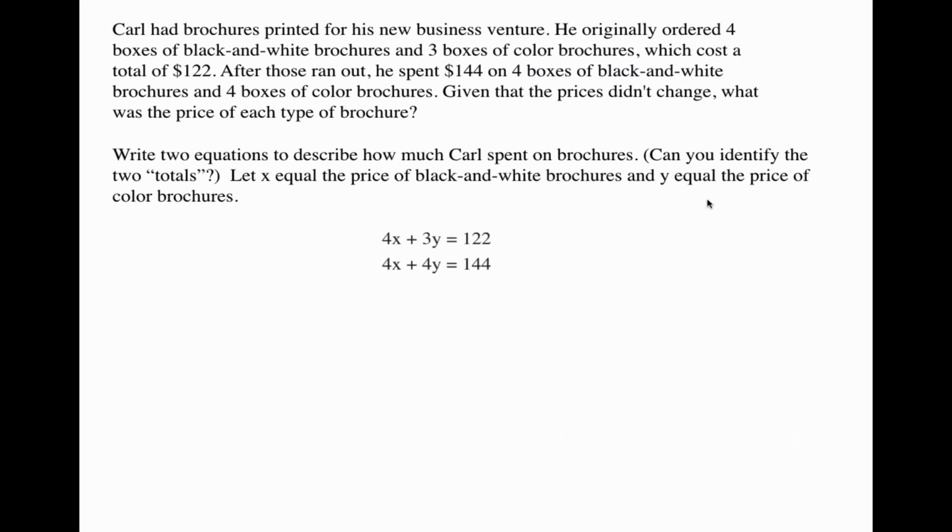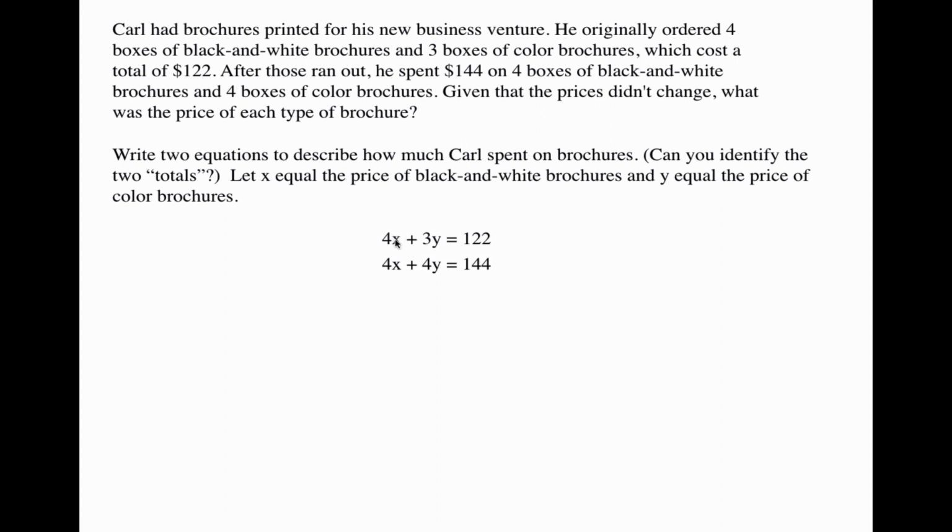All right, so the 2 equations I came up with were 4x plus 3y equals 122. So x equals the price of black and white brochures. Remember? If you ordered 4 boxes of black and white brochures, then the total cost of black and white brochures would be 4 times x.